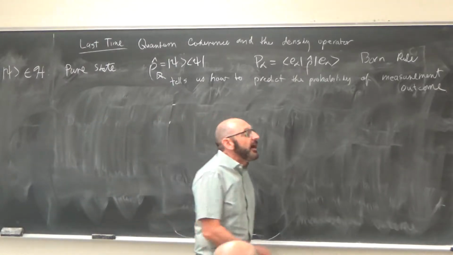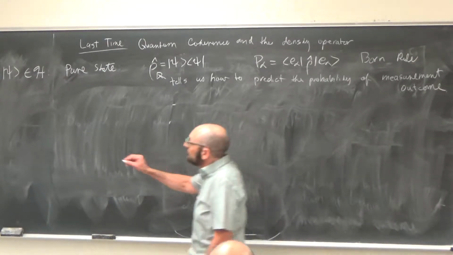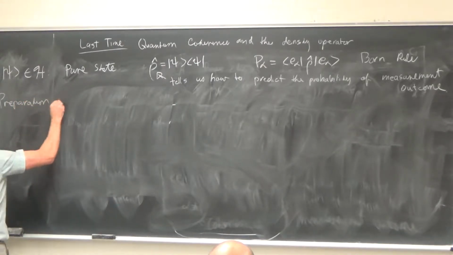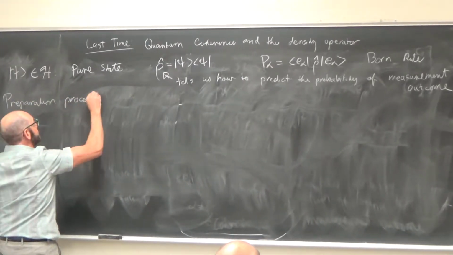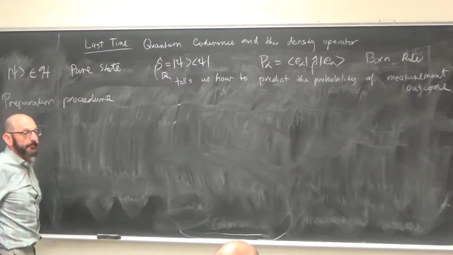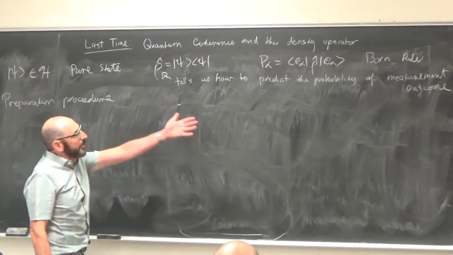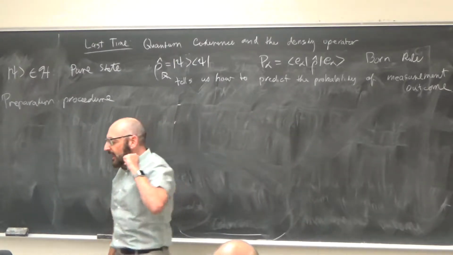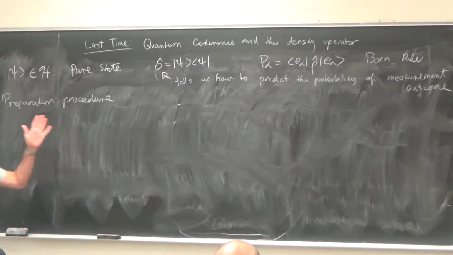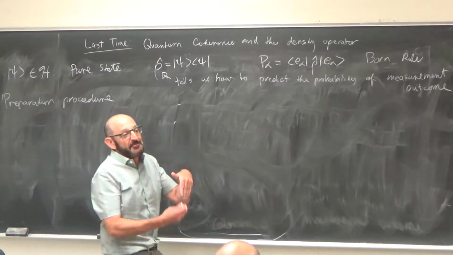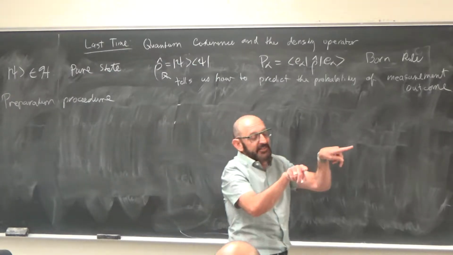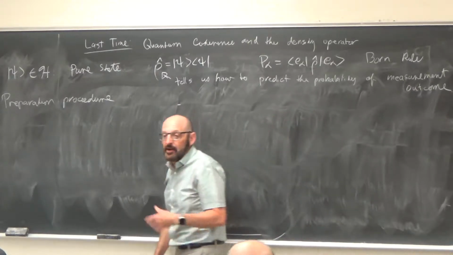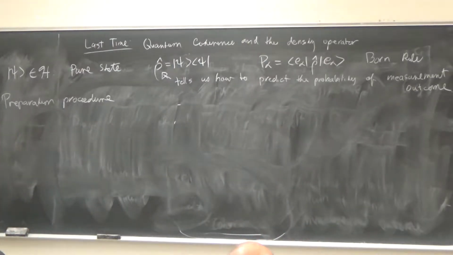I have a preparation procedure. So, when we prepared the spin up along X, we might have had a Stern-Gerlach device which was able to distinguish the spin up and spin down cases, and we blocked one of the ports, and I gave you the one that came out. That would be a particular preparation procedure.